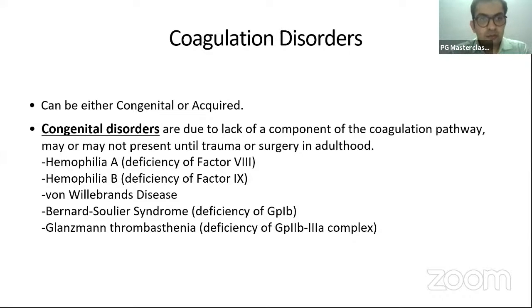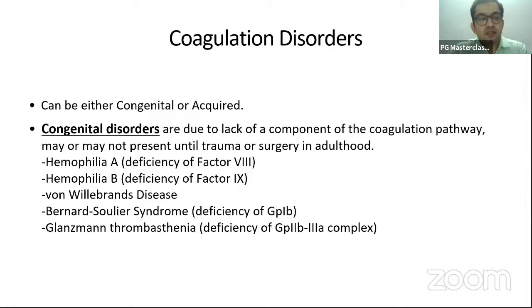Then the coagulation disorders can be either congenital or acquired. Congenital ones are due to lack of a component of the coagulation pathway, which may or may not present until trauma or surgery in adulthood. They also depend on the quantitative lack of the factors.